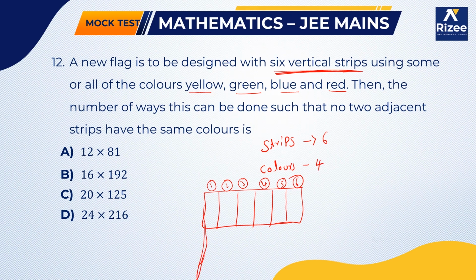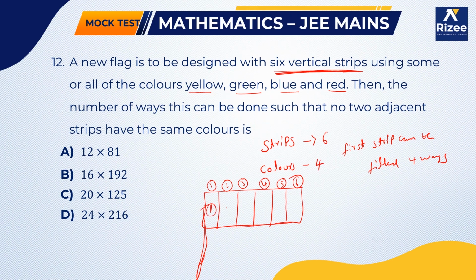Then the number of ways this can be done so that no 2 adjacent strips have the same color. No 2 adjacent means, for example, if I am filling red here, the other cannot be filled with red. We have to fill with another color. The first strip can be filled in how many ways? 4 ways. Already I am fixing the first place.